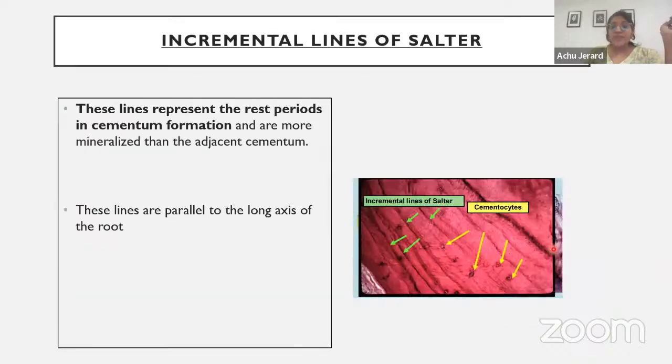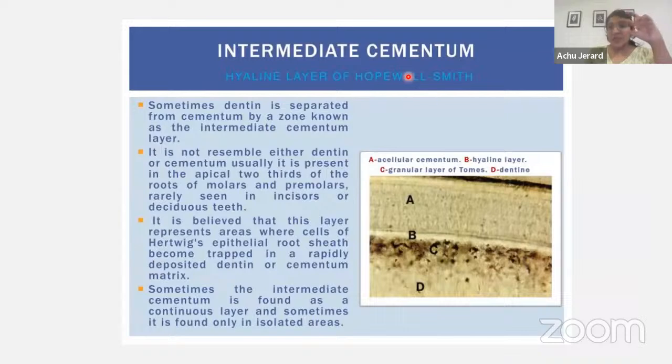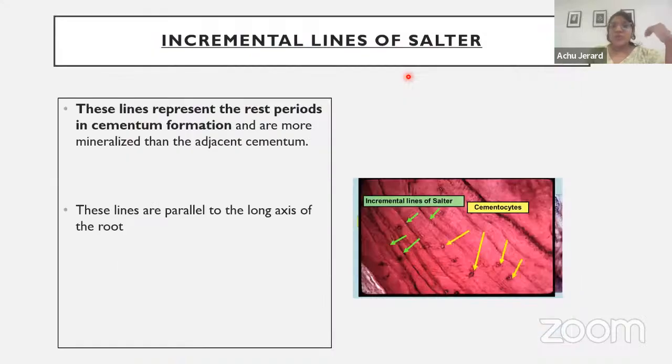And then you will have to know about the incremental lines of Salter and also the intermediate cementum. Don't confuse both of these. Sometimes the definition of both can be asked. So how I remember it: cementum has the ability to repair on its own. It will undergo resorption and then try to repair that area where resorption takes place.